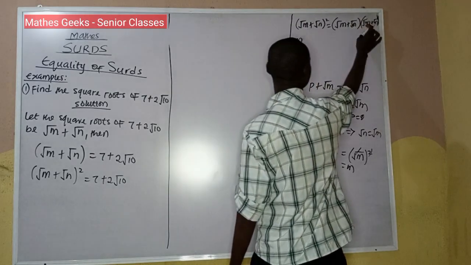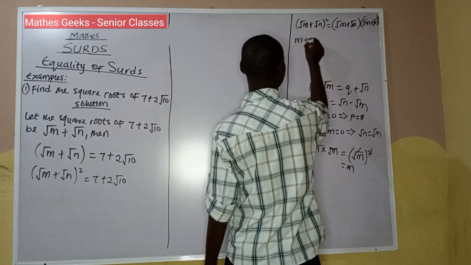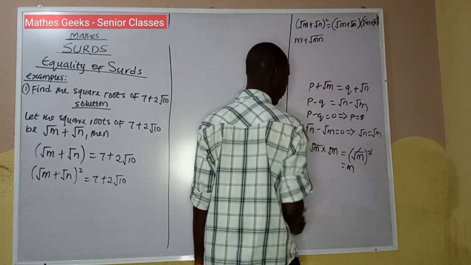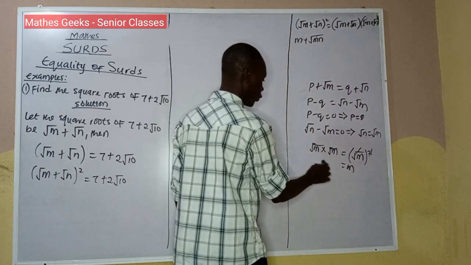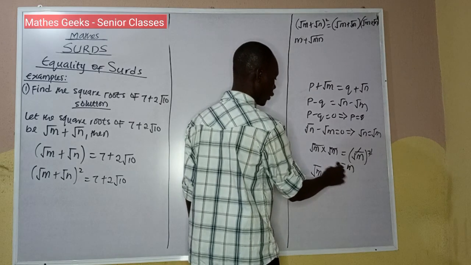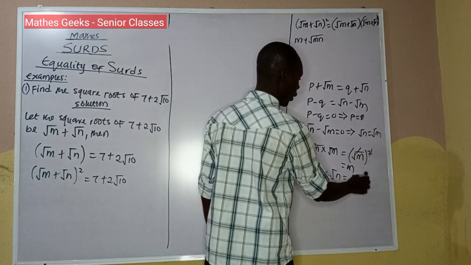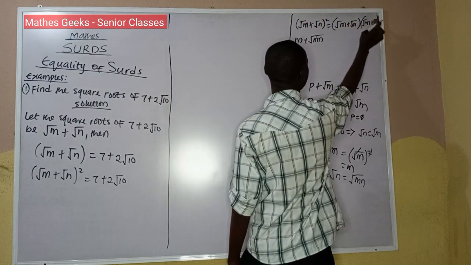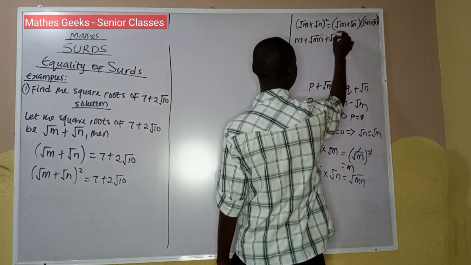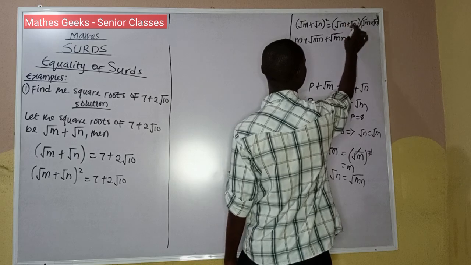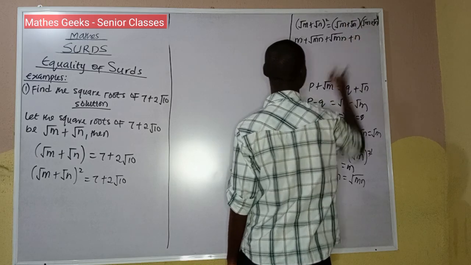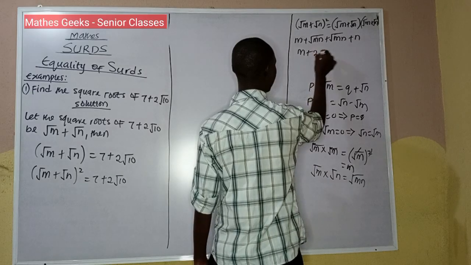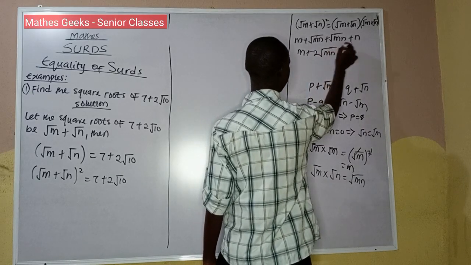Root m times root n, from the multiplication rule of surds, is equal to root mn. Root n times root m will give us plus root mn. Then root n times root n will give us plus n. So altogether, finally we're going to have m plus 2 root mn plus n.